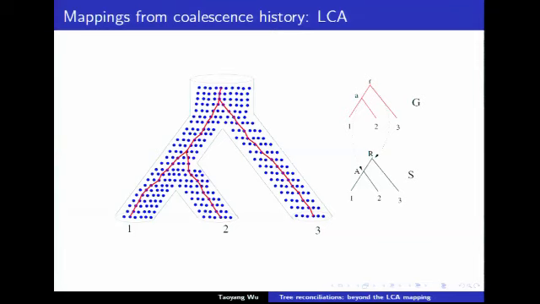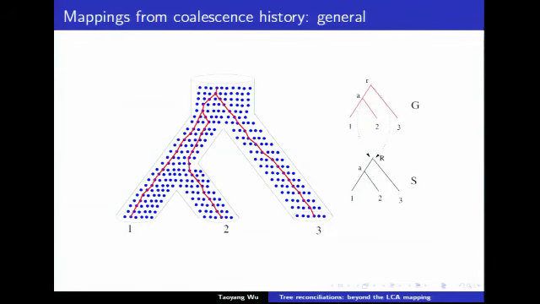The same gene tree topology might have different mappings. For example, here, although 1 and 2 coalesce before the common ancestor with 3, the coalescent event is happening in this branch. So I map A here to R, the root of the species tree.